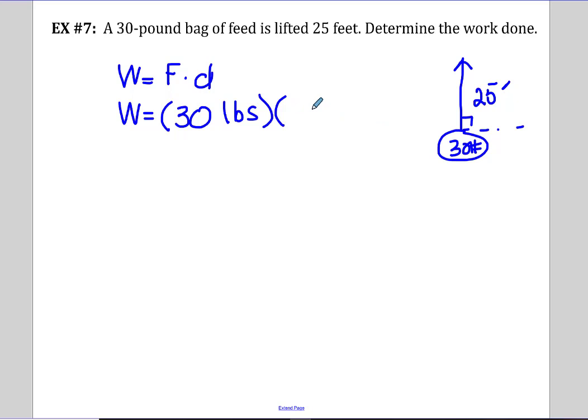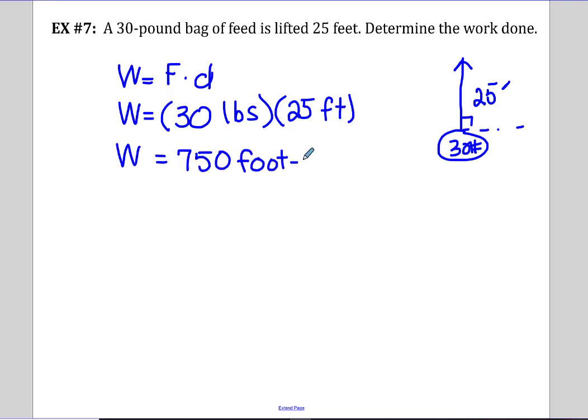So our answer is times 1. So work is 30 times 25, which is 750 foot-pounds.